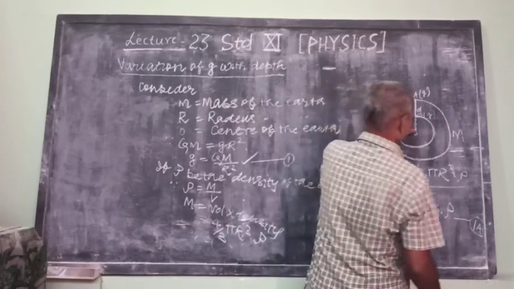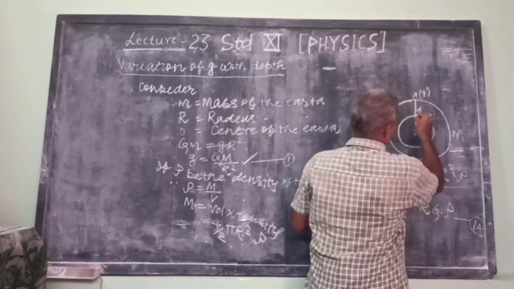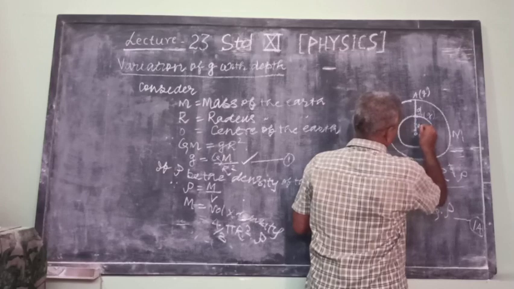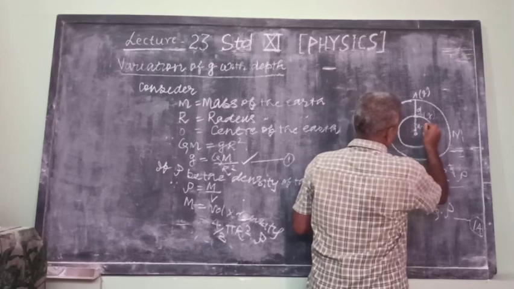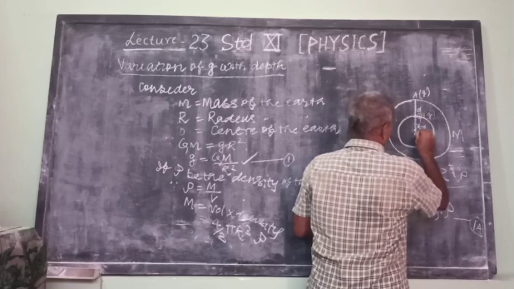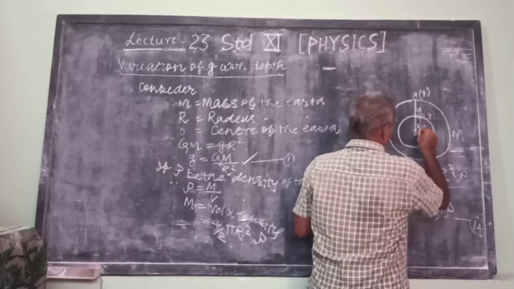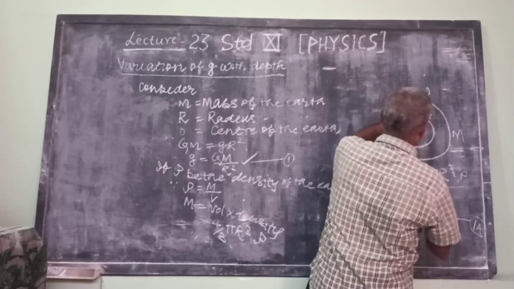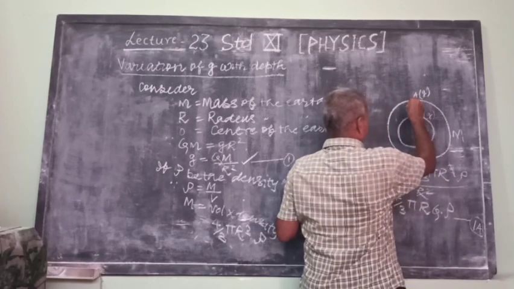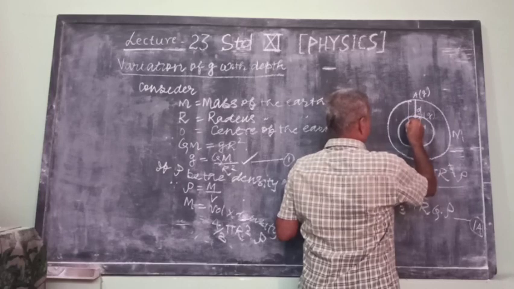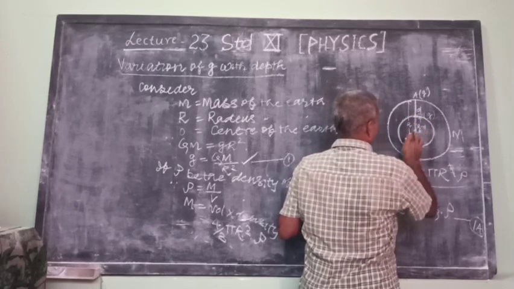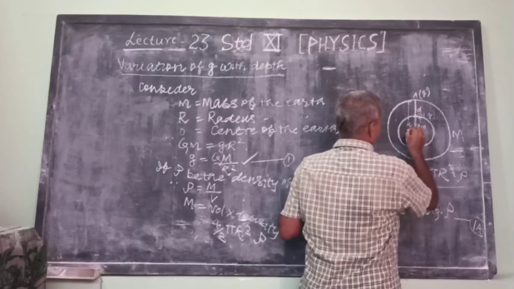So what will be this portion? It will be R minus d. And I feel there should be no confusion. This is your R minus d from the center to this point. This one is capital R, radius of the earth.